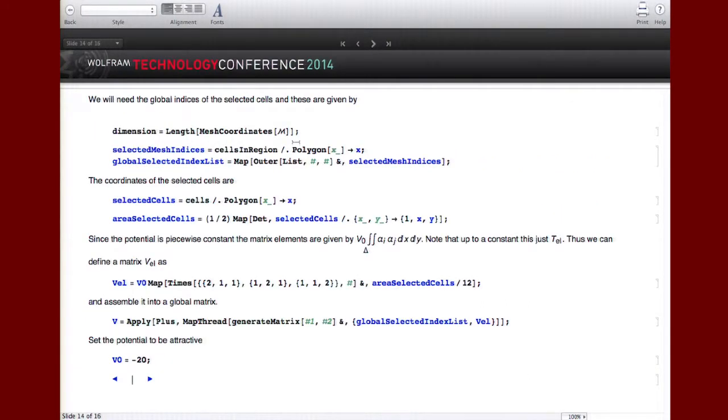And now all we need to do is to put a potential on. I'll need the dimension. And so I just pick out the selected cells, the area of the selected cells. Since my potential is constant, it's piecewise constant, the matrix elements here are just my old T element up to a constant.